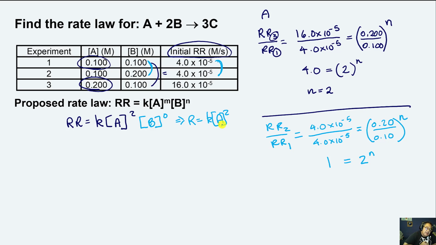So let me explain to you what some of these things are. This is the rate ratio. And this is the concentration ratio. And the concentration ratio is always raised to an exponent that you need to find out.